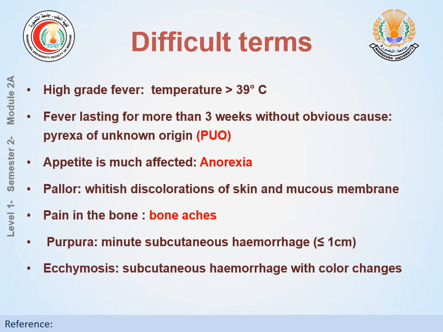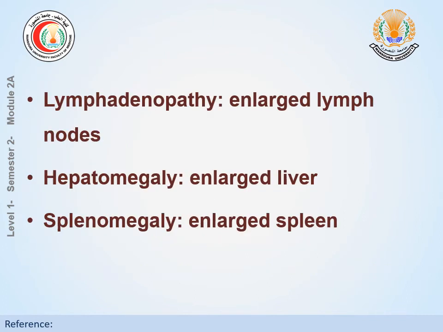Ecchymosis is subcutaneous hemorrhages larger in size, starting with a bluish discoloration, then fading away gradually with color changes till disappearance of the changed color. Lymphadenopathy means that the lymph nodes are enlarged. Hepatomegaly, the liver is enlarged. Splenomegaly, the spleen is enlarged.